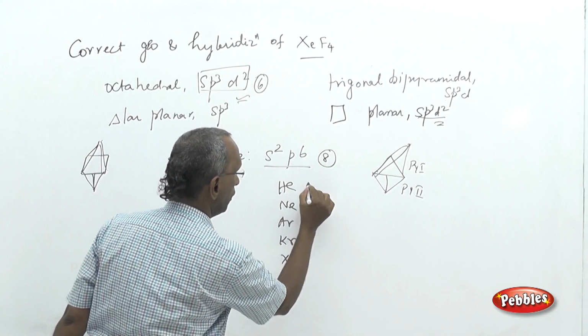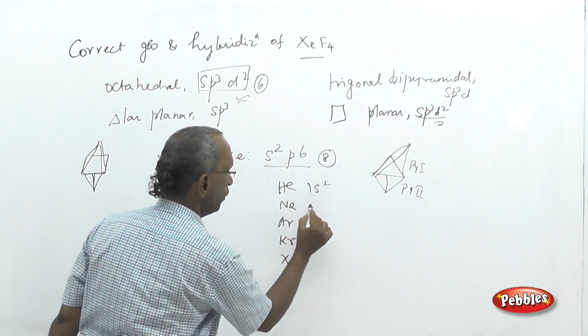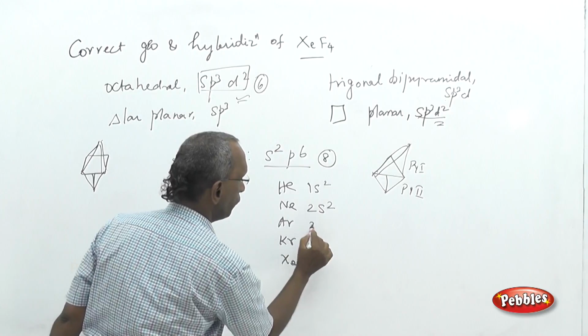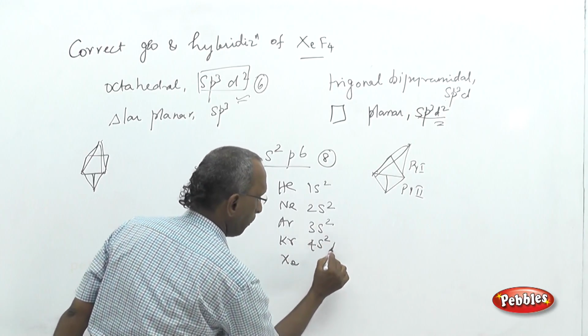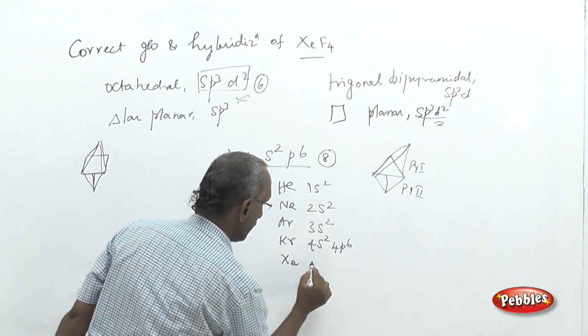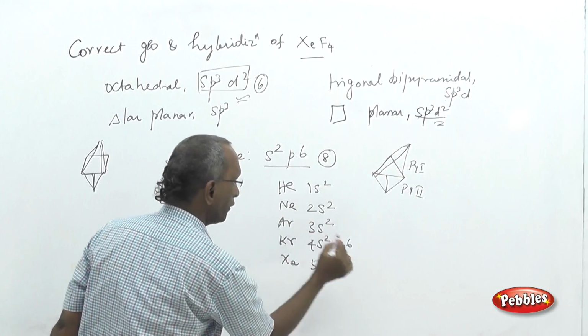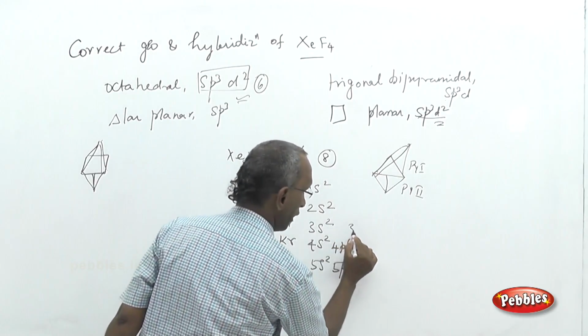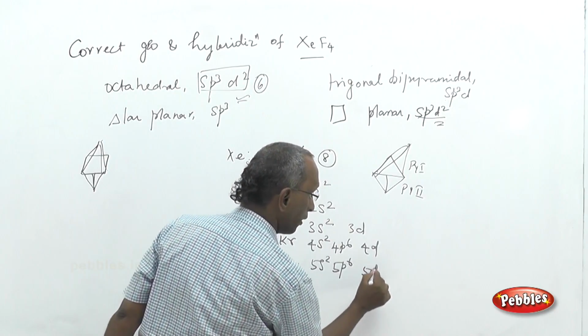So, 1s2, 2s2, 2p6, 3s2, 3p6, 4s2, 4p6, then 5s2, 5p6. After that, the 3d orbital is there, the 4d orbital is there, the 5d orbitals are there.